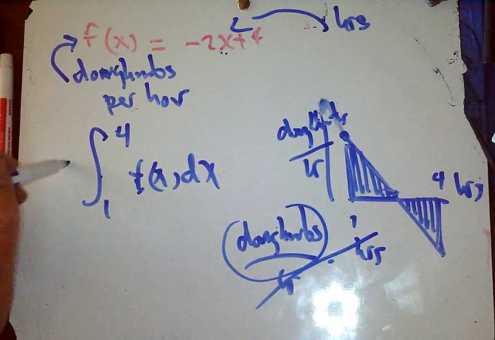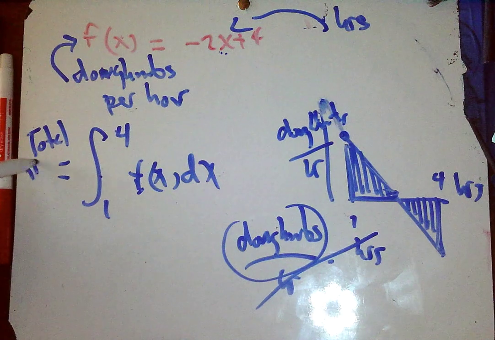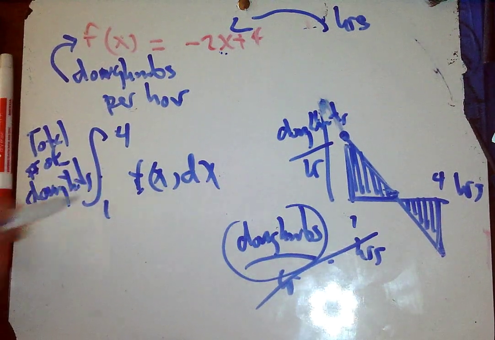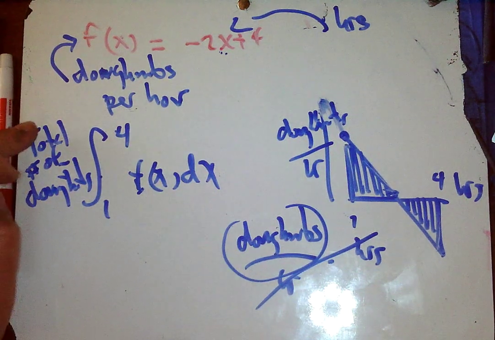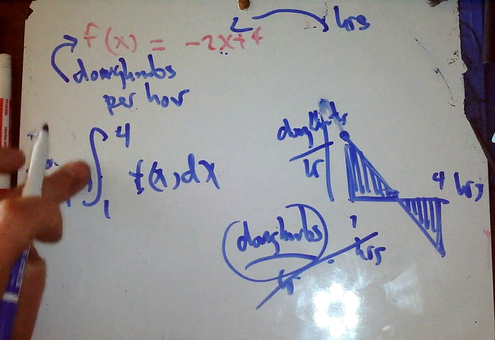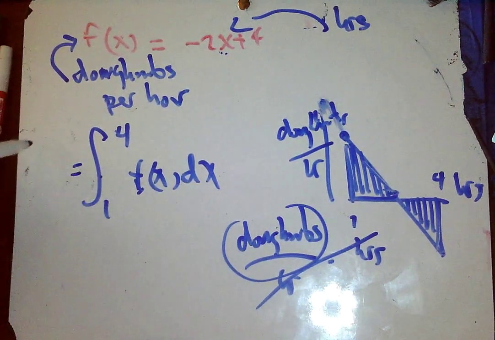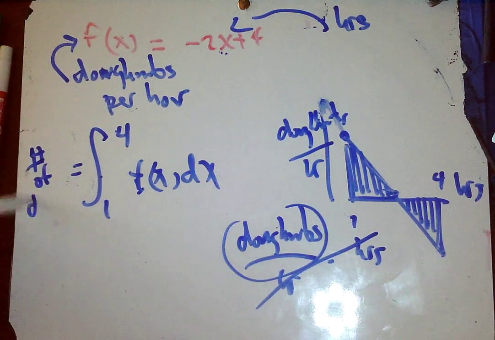So this integral represents the total number of donuts. And maybe it's not the total number of donuts. Maybe it's kind of like the displacement of donuts or the change in the number of donuts. How many donuts did I eat from 1 to 4 hours? Okay, so number of donuts.